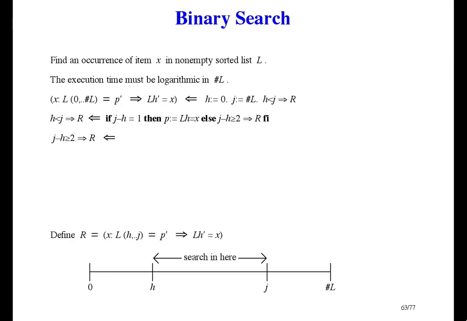And how do we do that? This is where we divide the segment into two parts. Given that the segment size is at least 2, find a point, call it I, that's properly between H and J. And don't change H and J.